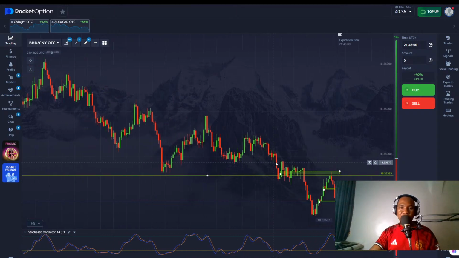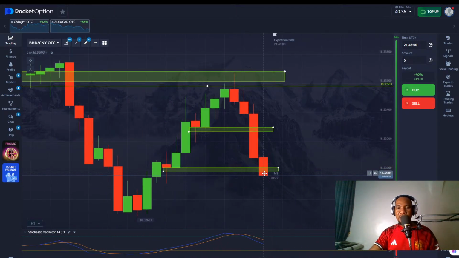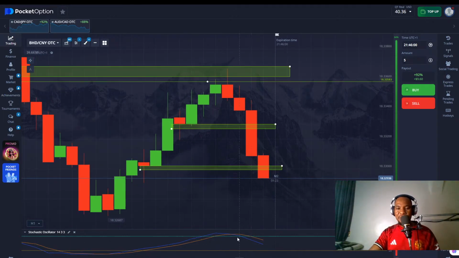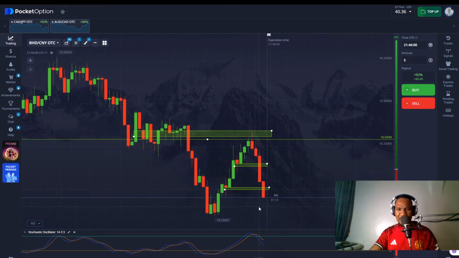Let me look at the overall trend. It's a little bit dicey and it kept going down. Maybe it's because of this momentum at the bottom. Kept going down, going down.